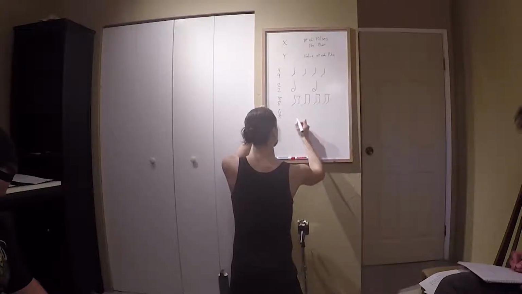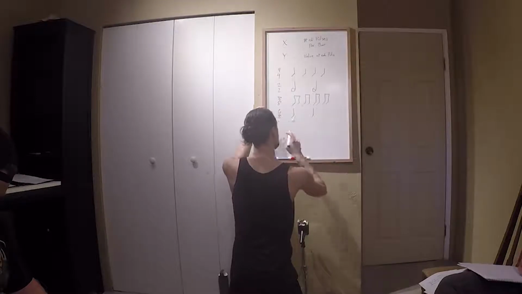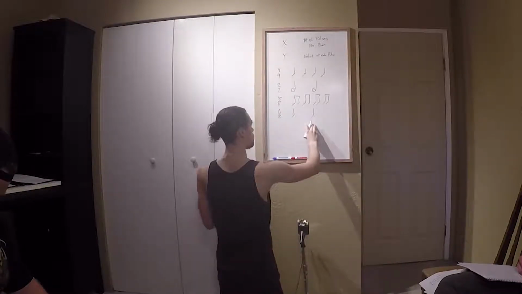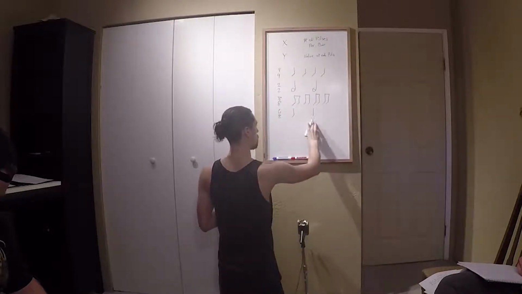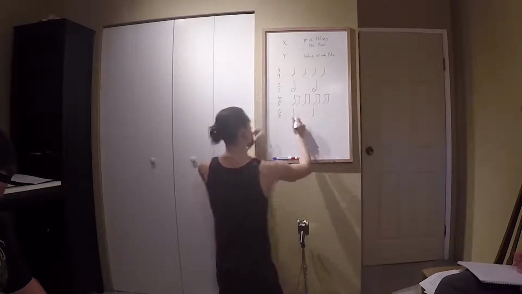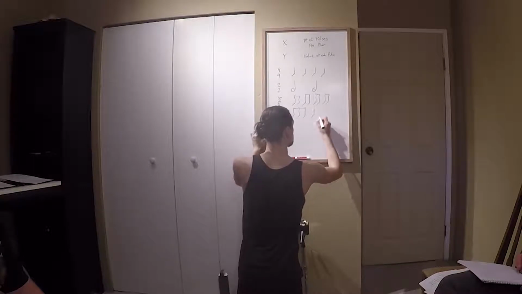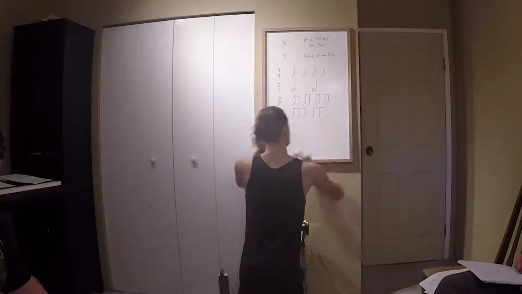In 6/8, for example, we use a dotted quarter and a dotted quarter. These are like the foundation, the strong beats. Within each of those you also have a group of three eighth notes.